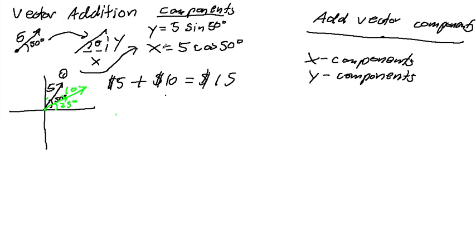In order to break down vector number 2, y ends up being 10 sine of 25, and the x ends up being 10 cosine of 25. If you're wondering how, again, remember vectors can just be treated as triangles. Zooming out of the picture, this right here is 25 degrees, and the hypotenuse is 10.